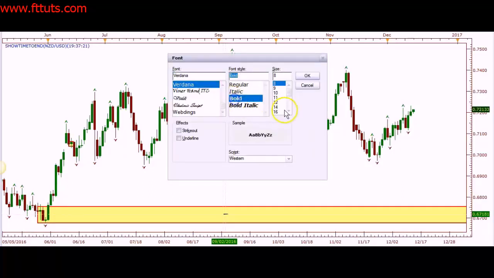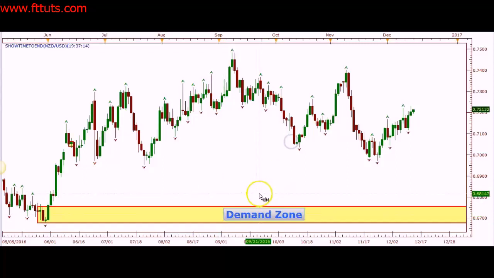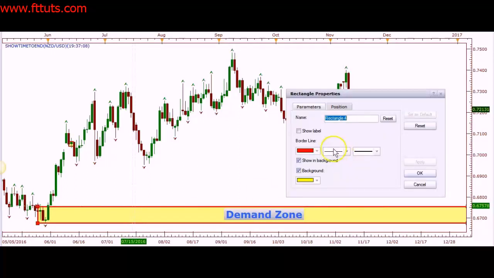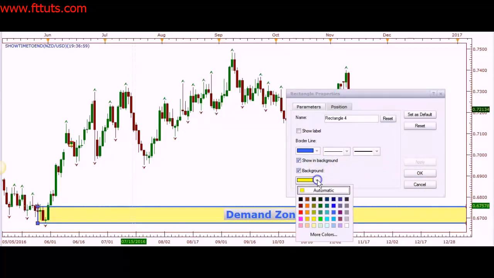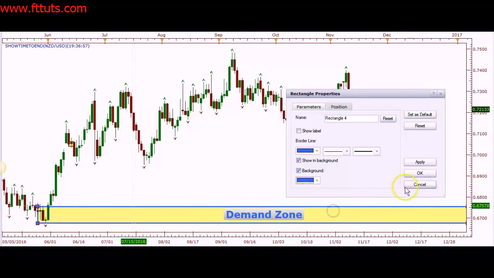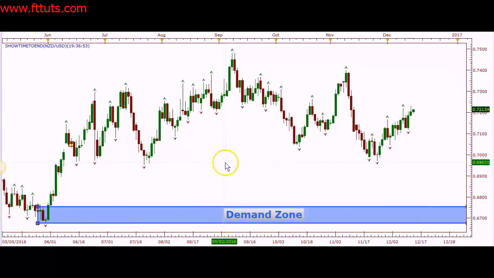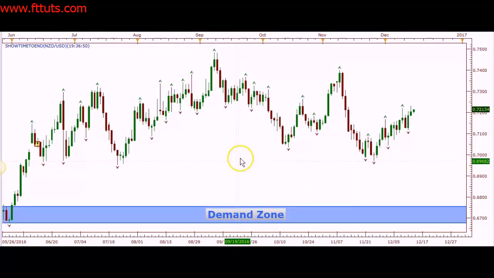Make it bold and 20. Okay, so that's going to be a demand zone. Now the way to distinguish is probably just to make them different colors. So I'll make that one blue, and let's make the background blue. Then I'm going to show you the next zone, which is going to be a supply zone.